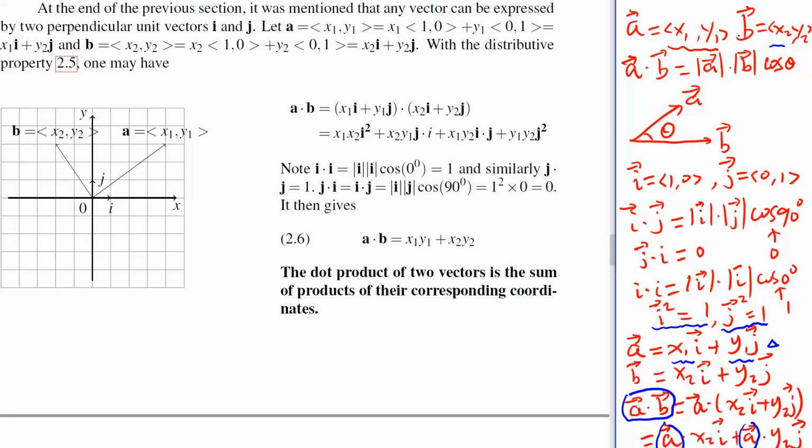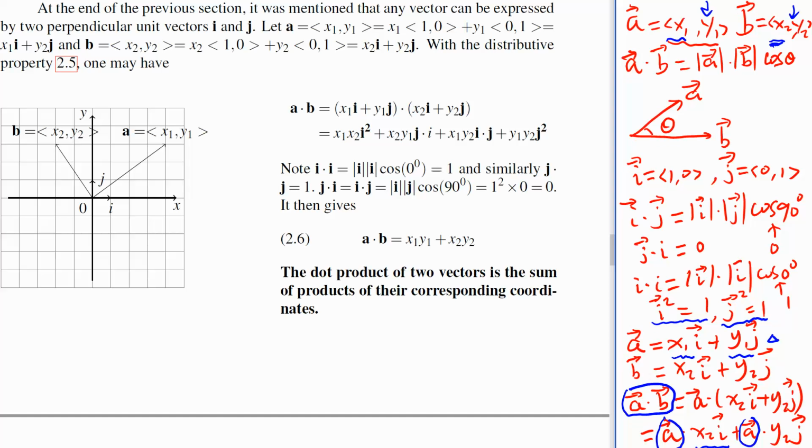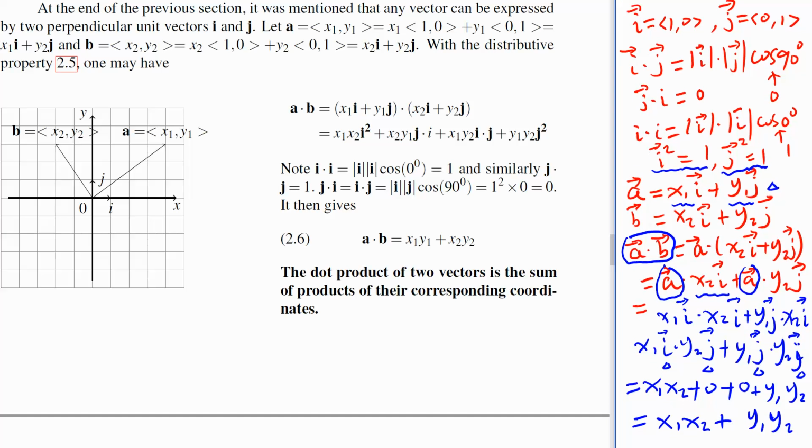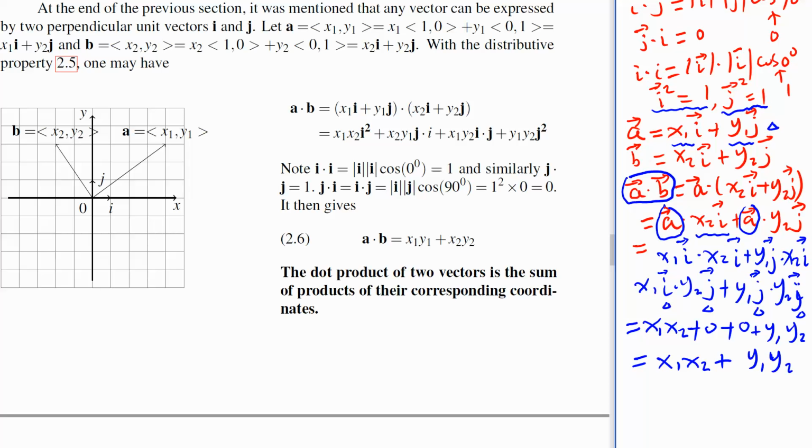So basically, A dot B is the first component times the first component, plus the second component times the second component. Okay, so that would be the very good answer. A dot product of two vectors is the sum of products of their corresponding coordinates.